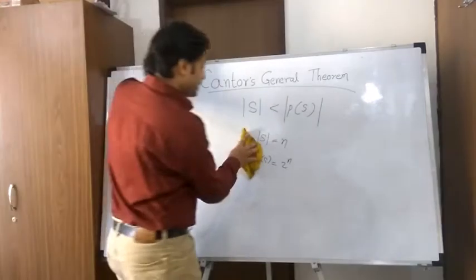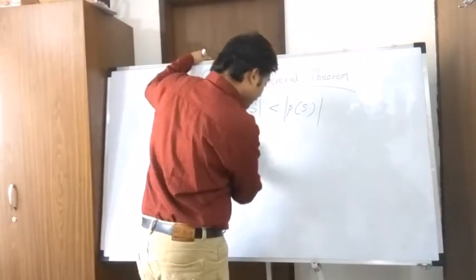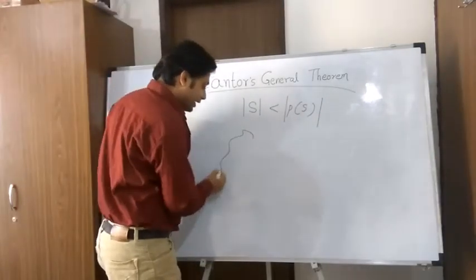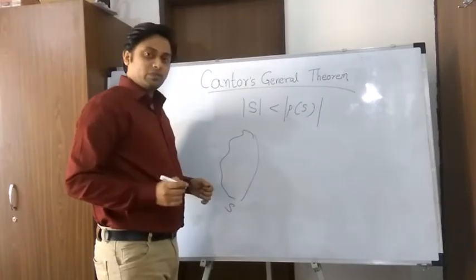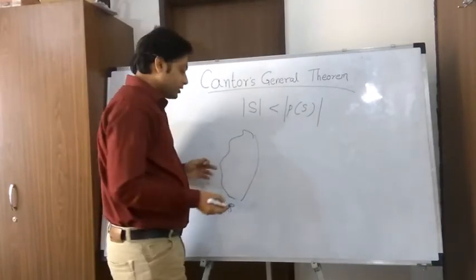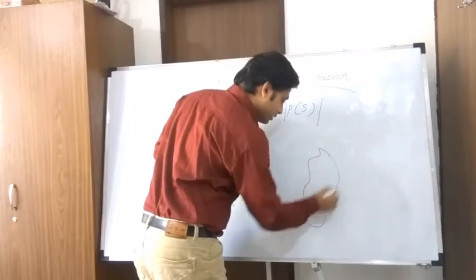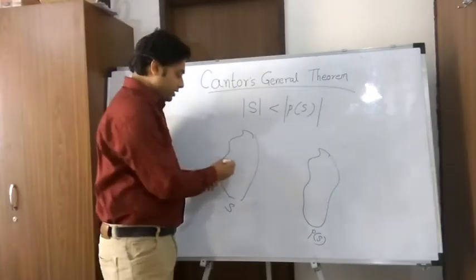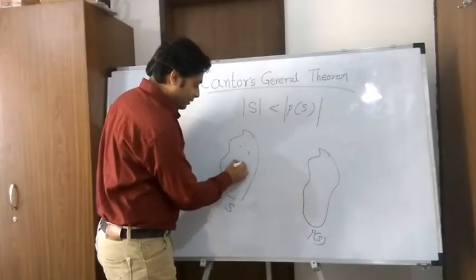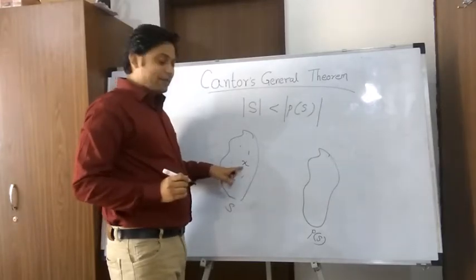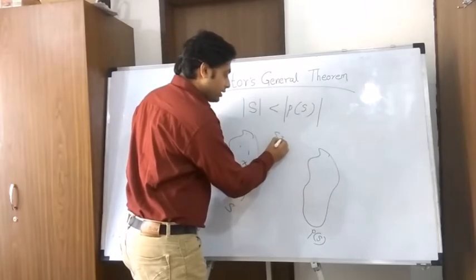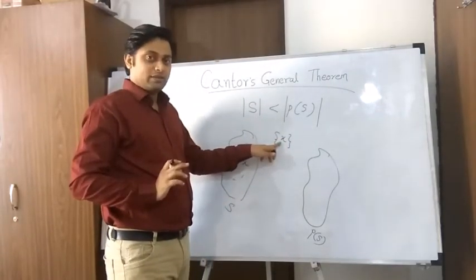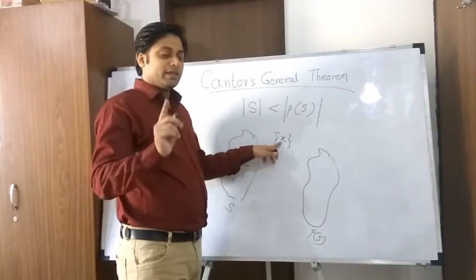So let's try to prove this general theorem again intuitively. I am not proving this mathematically, I am proving this intuitively. So this is my set S, which is infinite in nature, because for finite it is very obvious, and then I have the power set of S. Now you take any element from S, let's say that element is X. If I take this element X, I can surely form another set, a singleton set, which contains only X. A singleton set is a set which contains a single element.